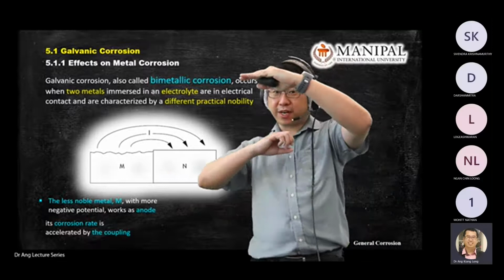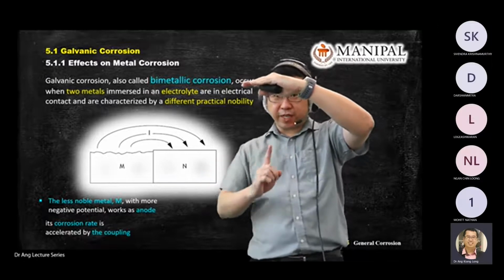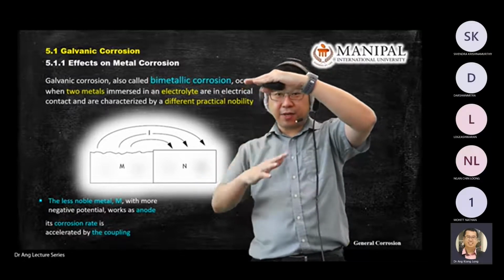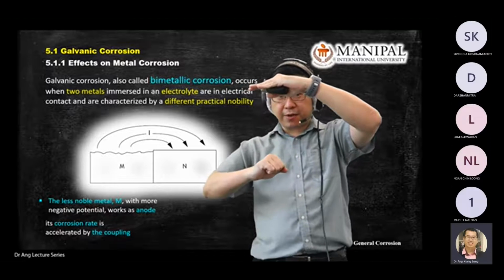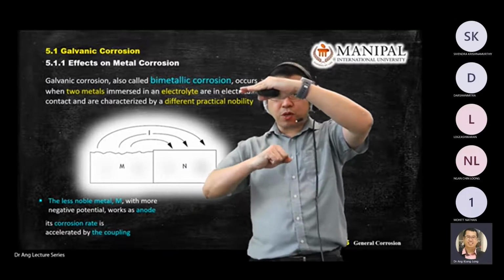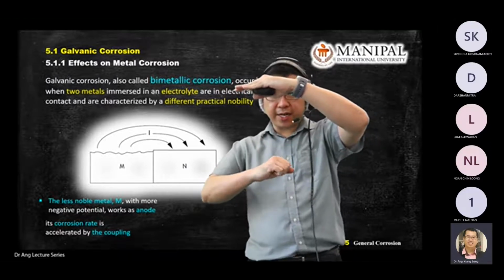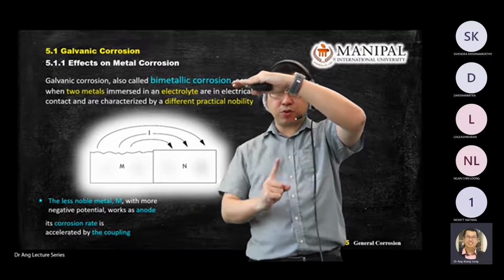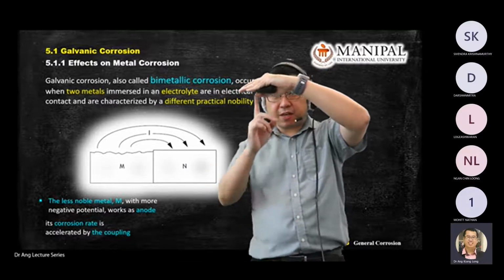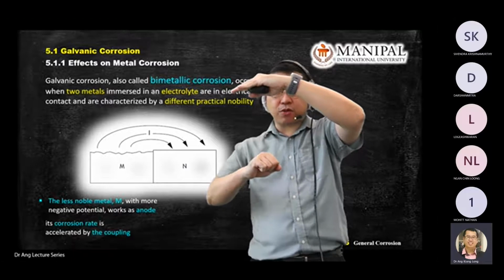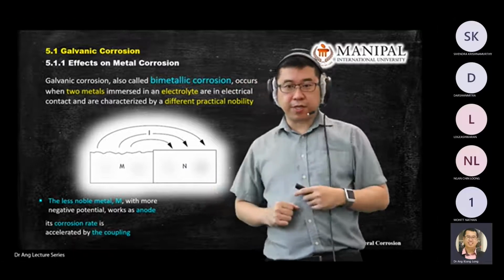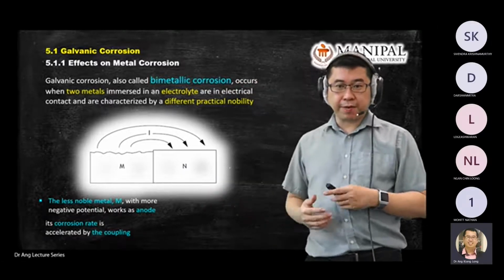They are the ones who sacrifice, who give electrons to the higher level, so they destroy themselves. They control the giving of electrons, so they control the corrosion process or corrosion rate.